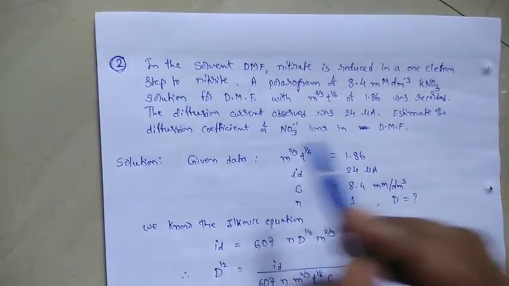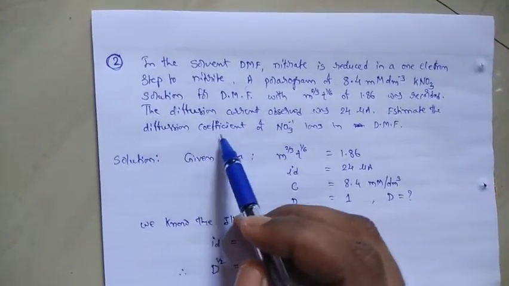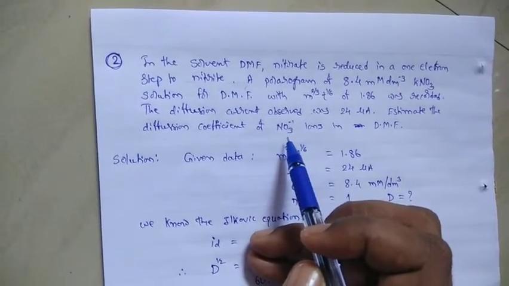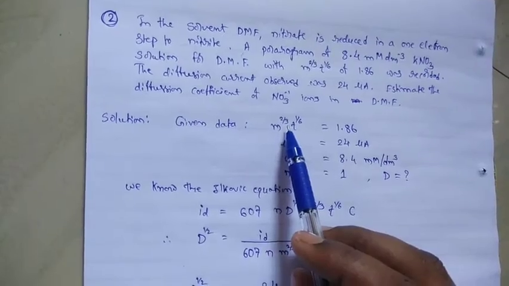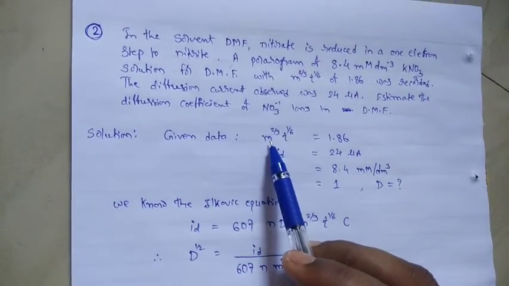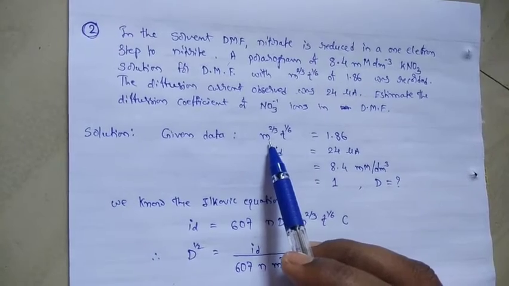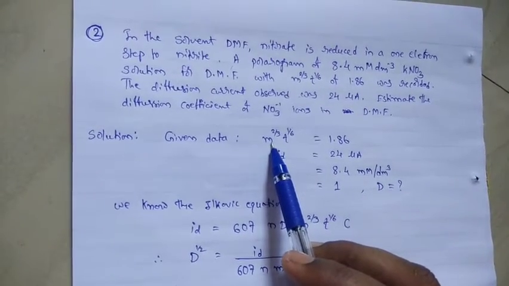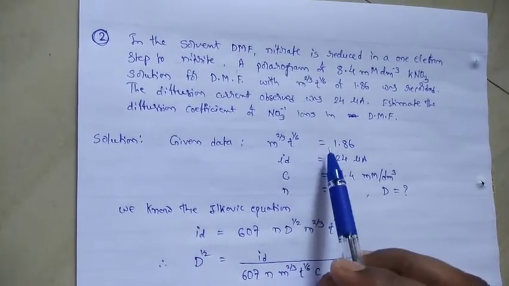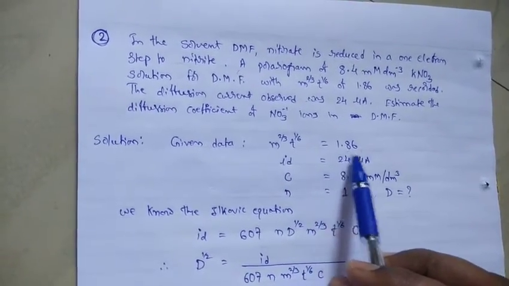Okay, so we have to calculate the diffusion coefficient, that is given by D, for these nitrate ions. So we have the given data: the capillary characteristics, which is given by m raised to 2 upon 3 into t raised to 1 upon 6, which is given as 1.86.